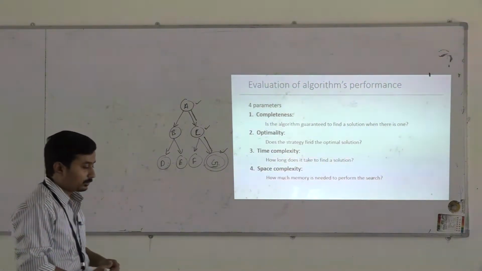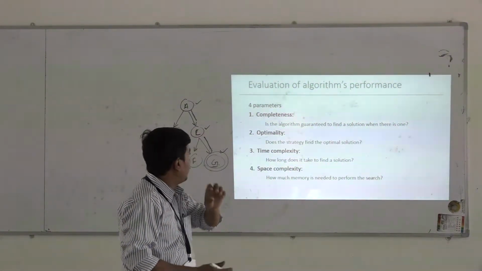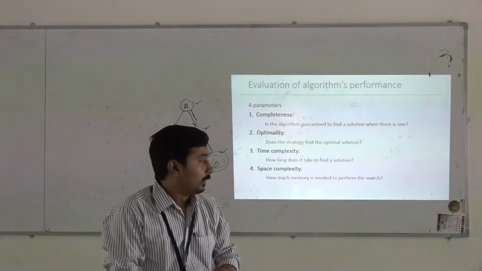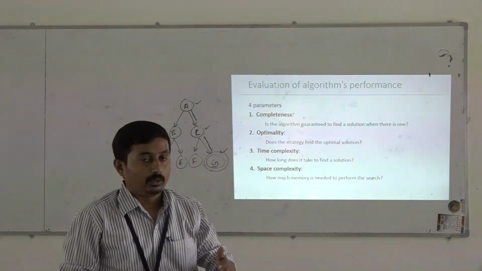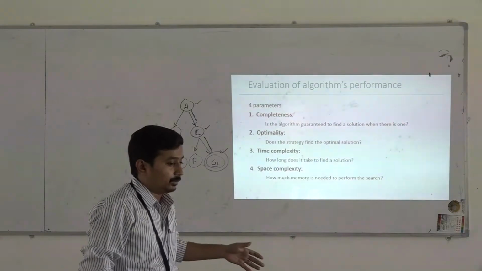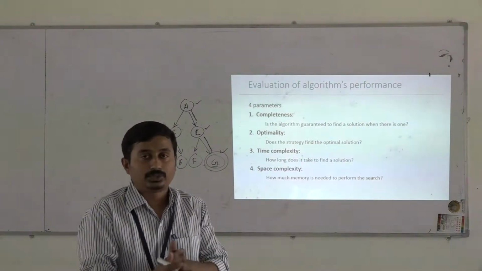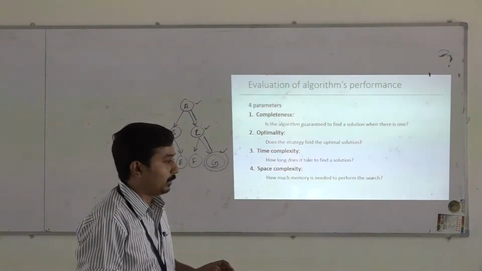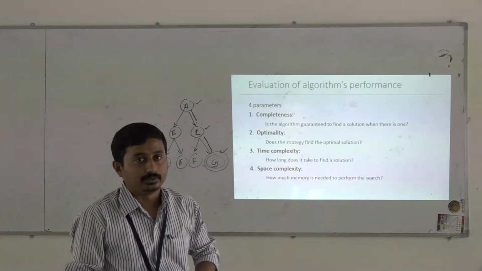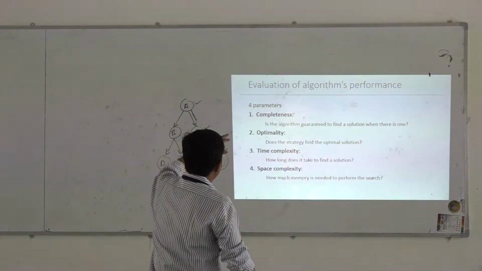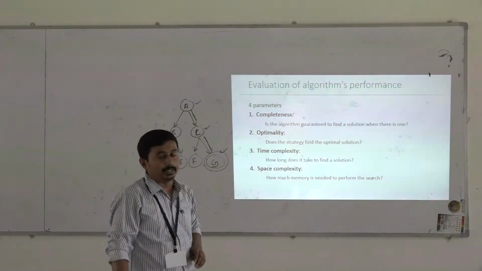The next one is evaluation of algorithm performance. In order to evaluate a particular algorithm, we need these 4 parameters. There can be multiple solutions available for a problem, so how to compare these multiple solutions? We have these 4 parameters. First one is completeness.